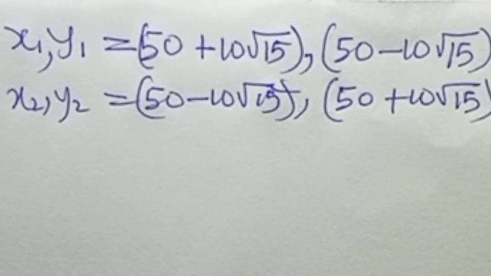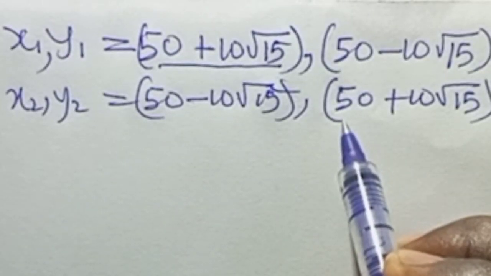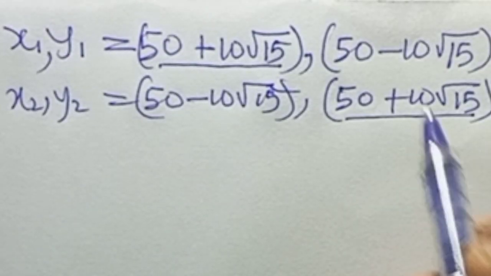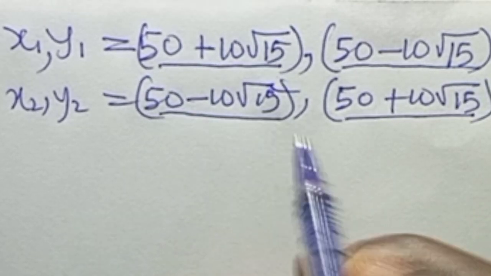On close observation, the first value of x is the same as the second value of y, while the second value of x is the same as the first value of y.